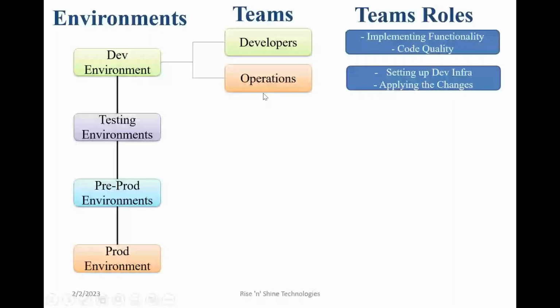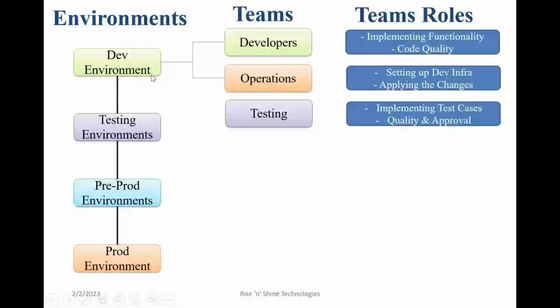Next, the testing environment. The testing team is involved, obviously. Their main role is implementing the test cases to test all the functionality of the application implemented in the development environment, bringing better quality to that application, and approving it to promote to the next environment, or if the quality is not good, stopping the process there itself. They don't approve it.